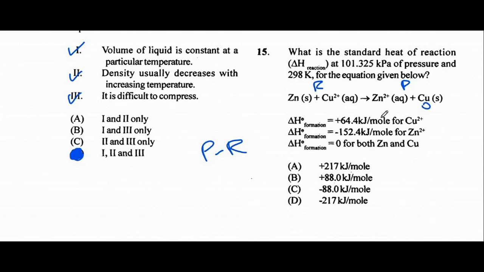Zn2 plus, on the other hand, is negative 152.4, and we're supposed to subtract the reactants, 0 and 64.4. Subtract 64.4, and I got negative 216.8, and if you round it to the nearest whole number, it's negative 217. Great.